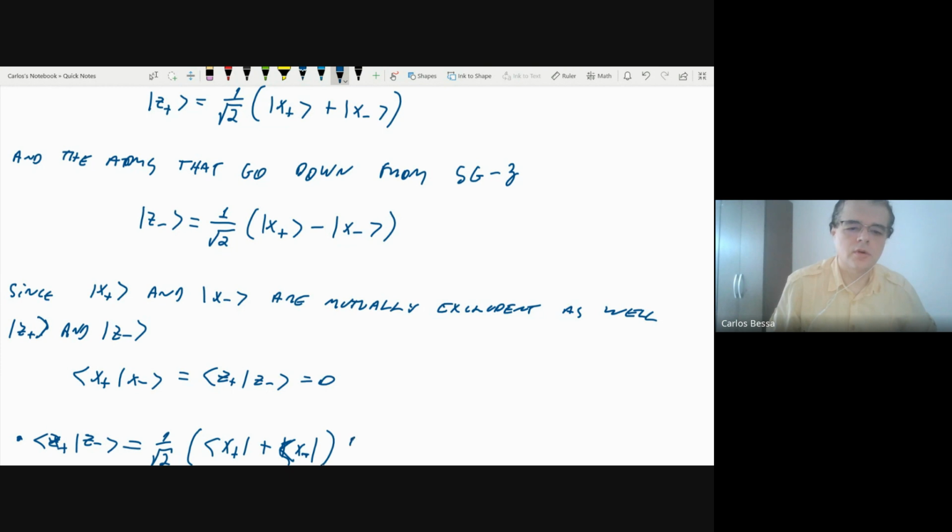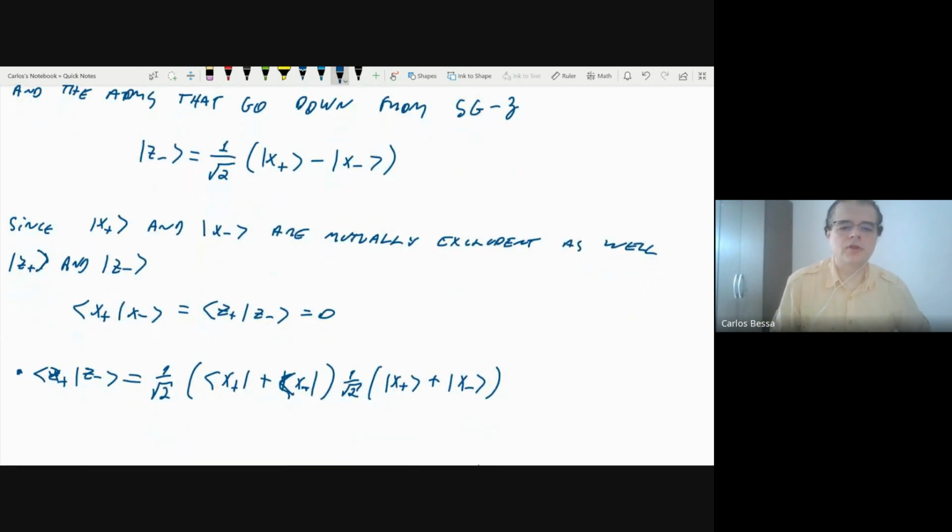And if you develop here, we'll see, using these properties in the x, and also remember that x plus with x minus, this is the identity.